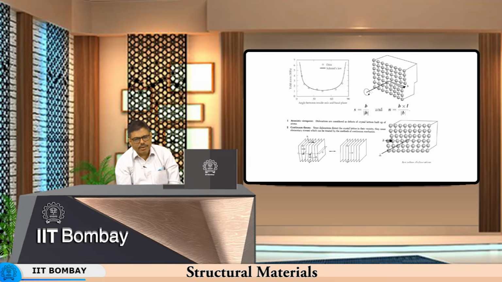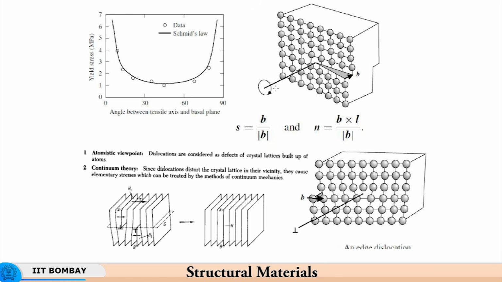So if you treat the entire mass of material as a continuum, not as being composed of discrete atoms arranged in a particular order, then you can look at the stress fields, and you can treat the entire piece of metal as a continuum with stresses acting at specific locations.